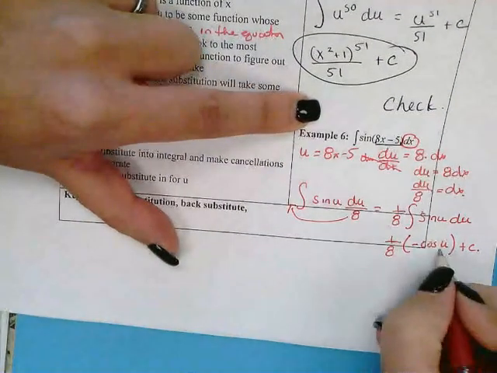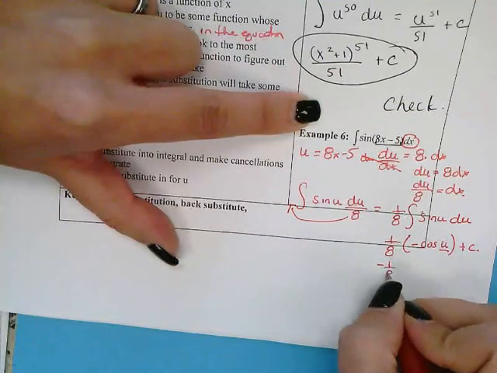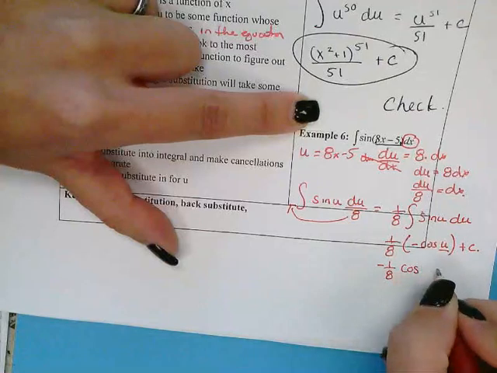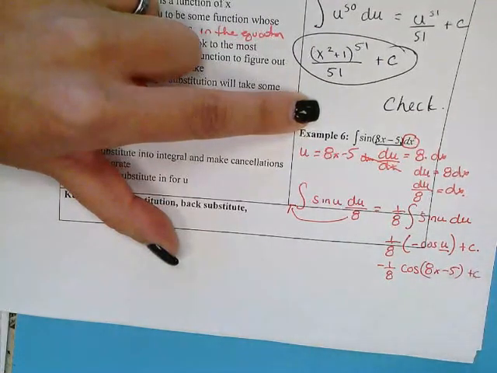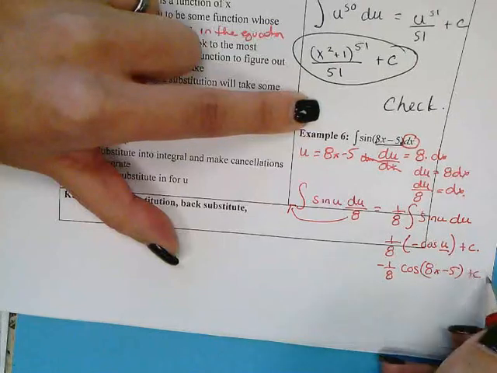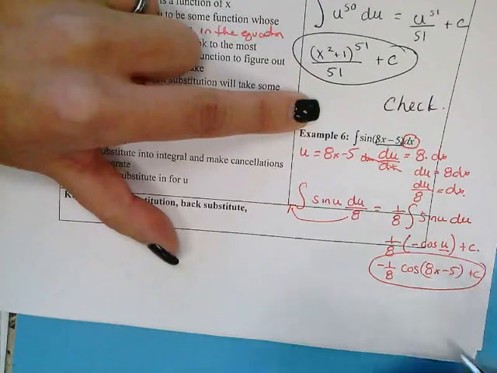So now back substitute in for u. So this ends up being negative 1/8 cosine of 8x minus 5 plus c. And that's it. We're done.